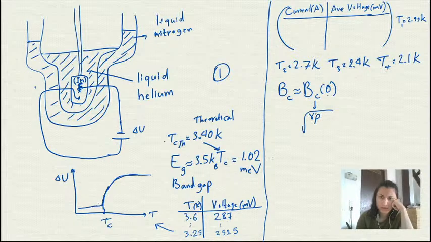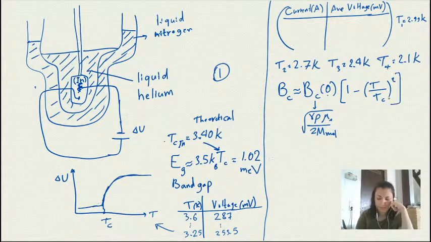This is the density of the superconductor, mu 0, the smaller mass of the superconductor. Continuing, it would be the temperature, the critical temperature. So we get the critical temperature from the first one.